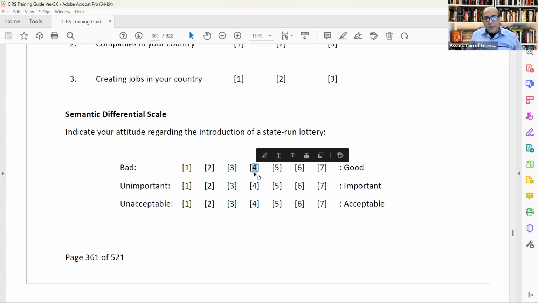What is to say that 4 is neutral, or not too good or not too bad? So it is more difficult to interpret, but this is for more sensitive questions or questions for which people have very strong opinions. If they choose unimportant, then how unimportant or how important is it? And this is semantic differential.